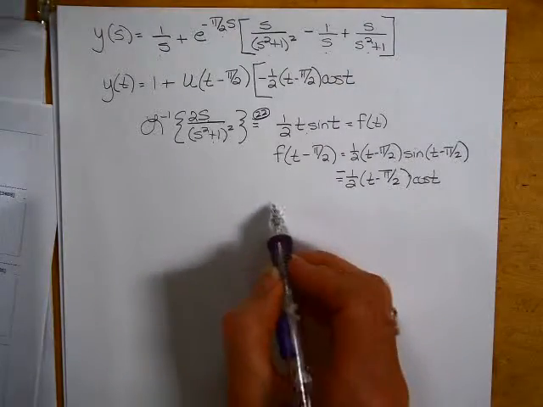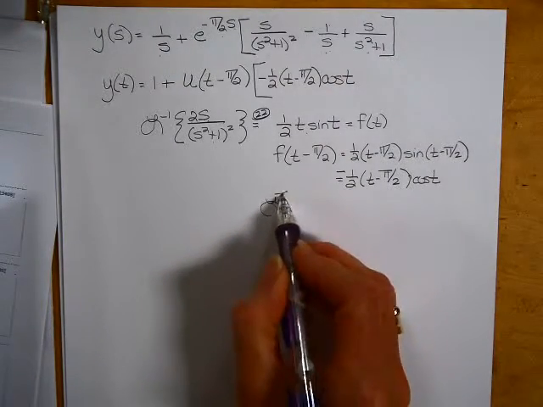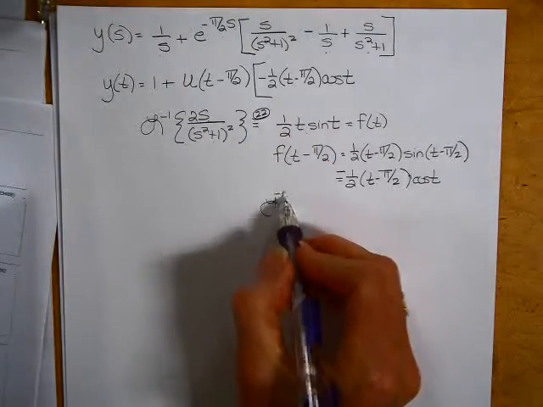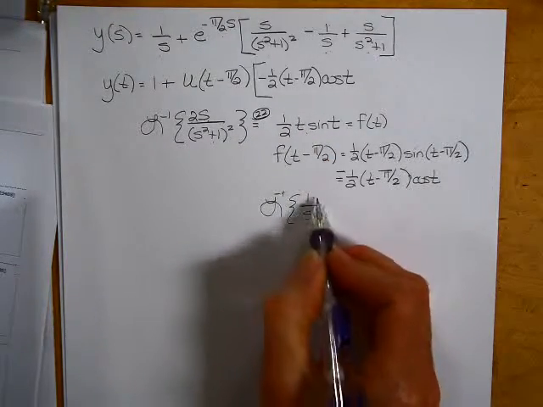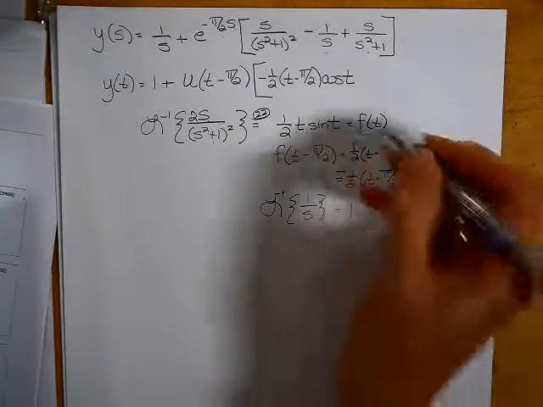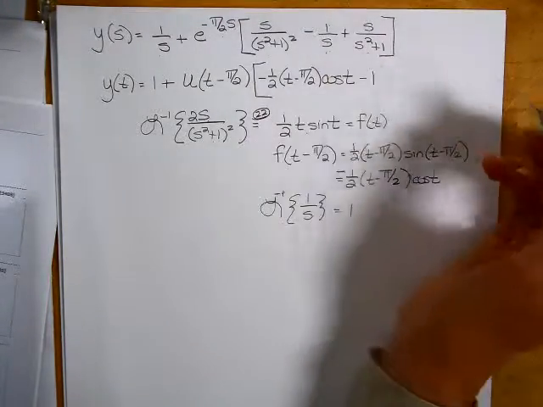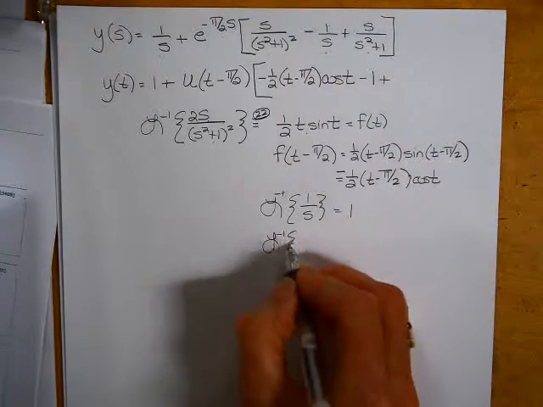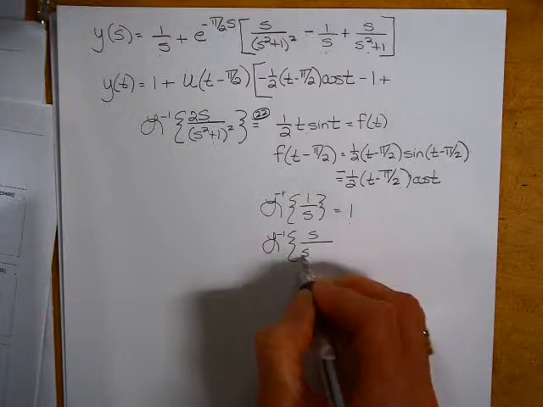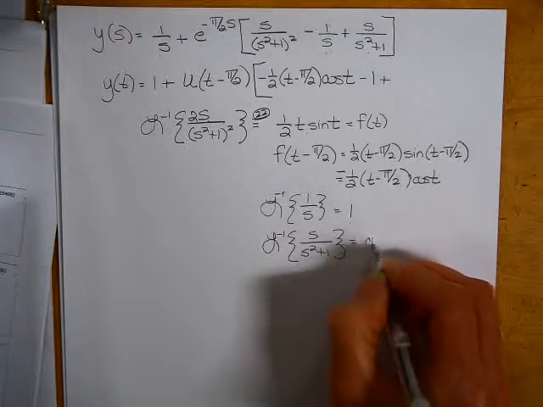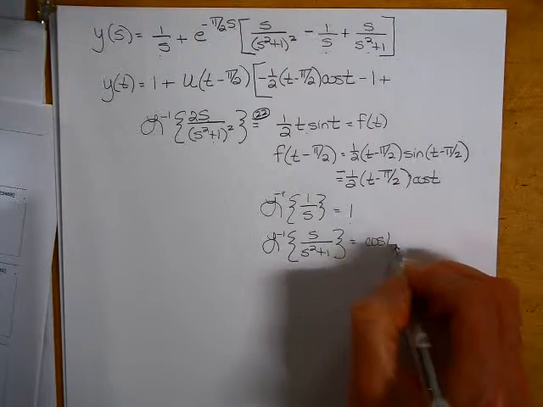All right, the inverse Laplace transform of 1 over s is just 1, and there's nothing to shift there, so it's just a 1, plus our inverse Laplace transform of s over s squared plus 1. That's just normal. That's the cosine of t.